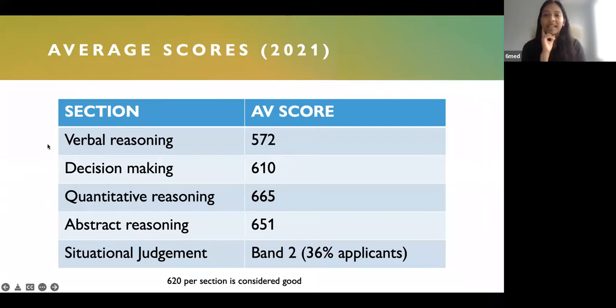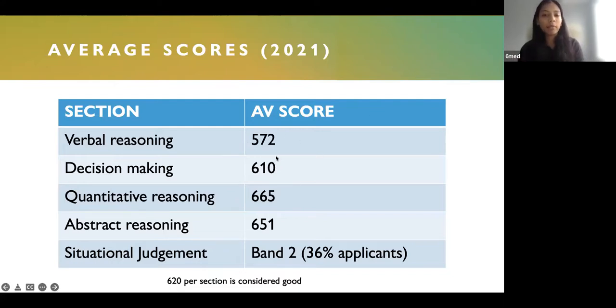Just as an idea of what previous students have found the hardest, these were the average scores last year. As you can see here, the lowest scoring section, the one people find the hardest, is verbal reasoning. 572 was the average score, followed by decision making. Especially for verbal reasoning, it's probably because of those long passages and not having enough time to extract the information, or not interpreting the question or statement they ask you in the right way.